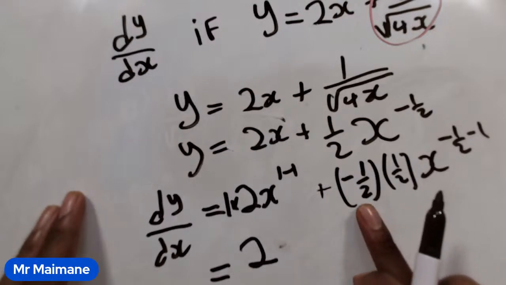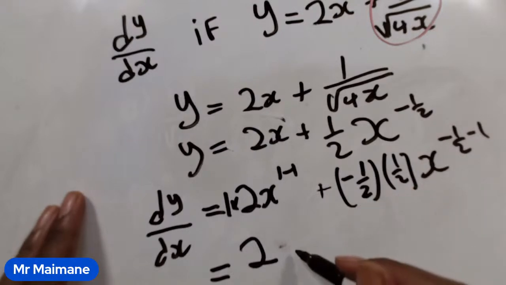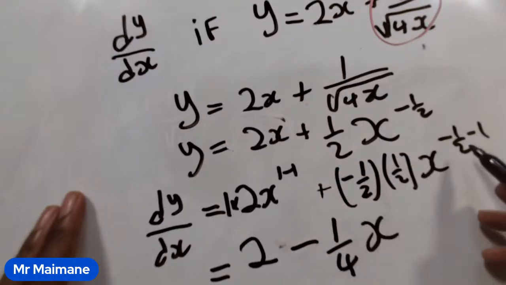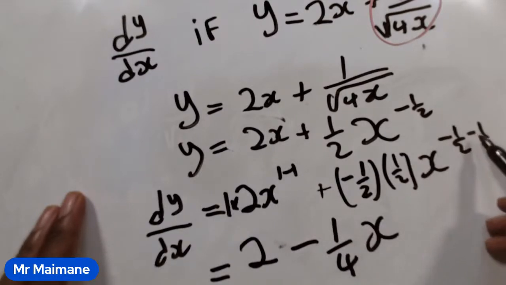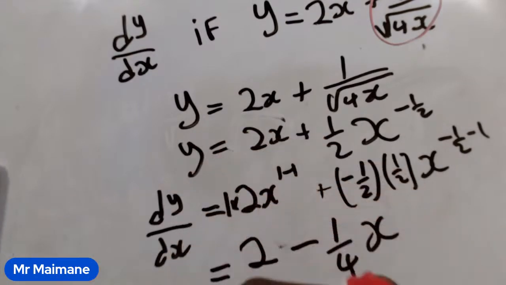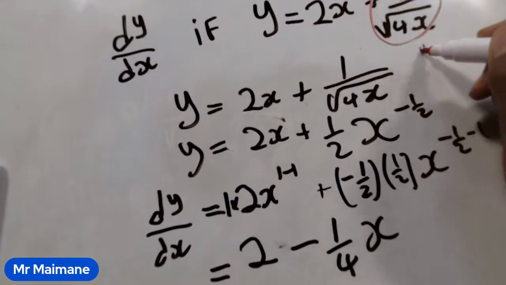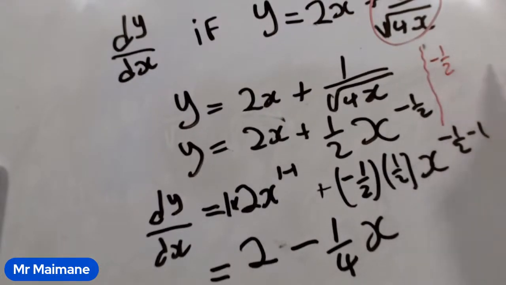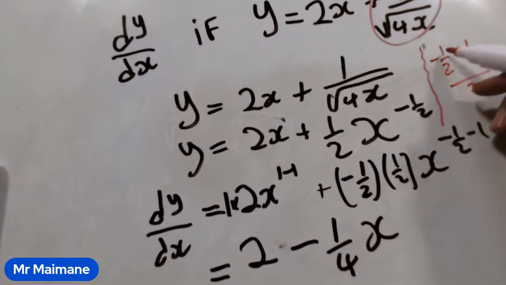But then minus 1 over 2 times 1 over 2, this is going to be minus 1 over 4 x to the exponent minus 1 over 2 minus 1. This one, you can quickly do separately if you want to understand. So this is how we work it out. We would say minus 1 over 2 minus 1. If you take a common factor there, it's 2. 2 goes once into 2 multiplied by minus 1, it's going to be minus 1.